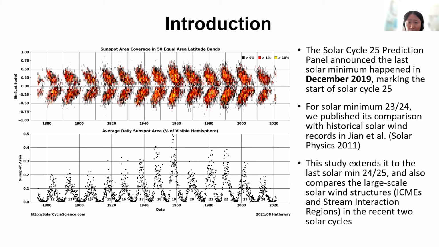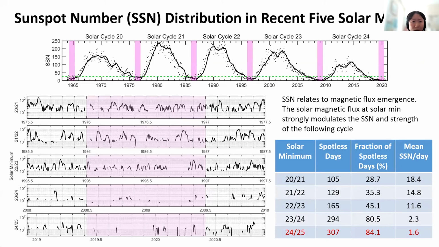We extend our previous study about the minimum 23-24 to comparing this minimum with previous records, and also compare the large scale solar wind structures in the recent 2 solar cycles.